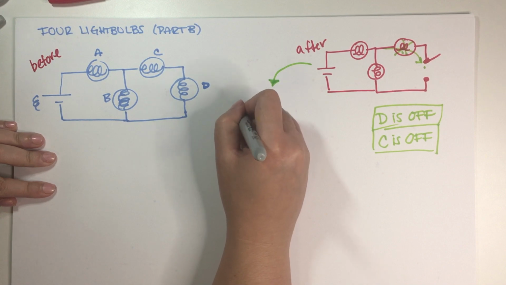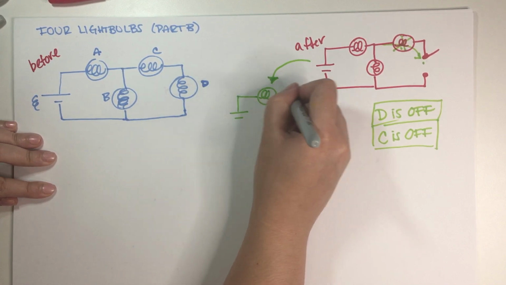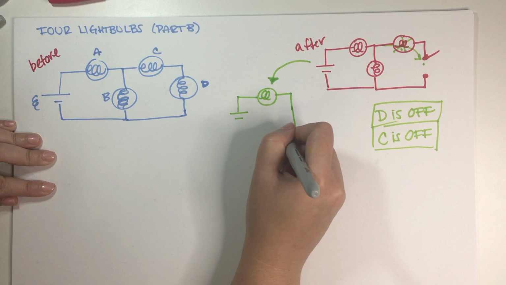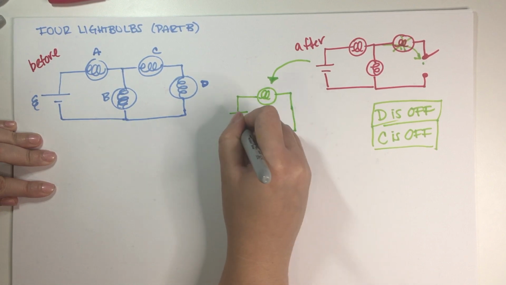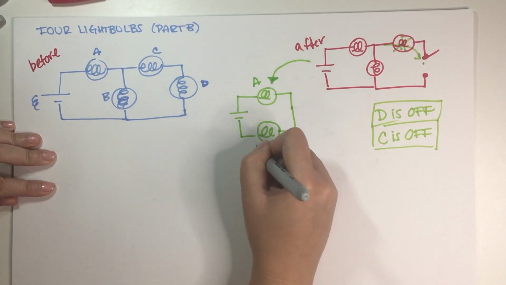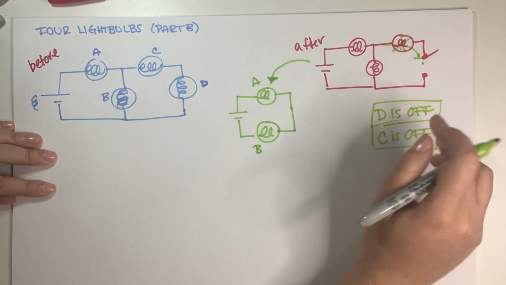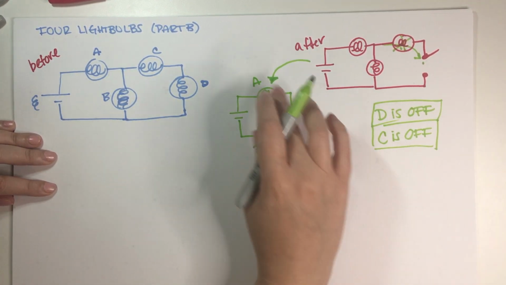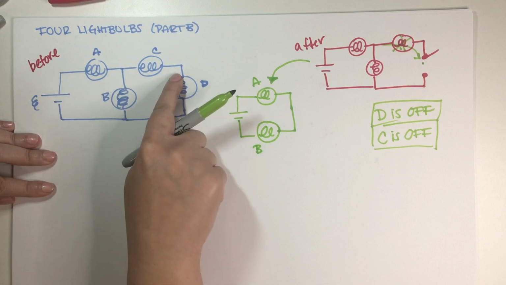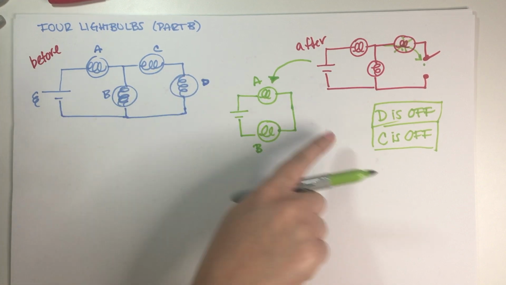my new functioning circuit is this, with just A and B, because C is off and D is off, so we don't even bother about them. So now I need to compare this circuit with this circuit over here.